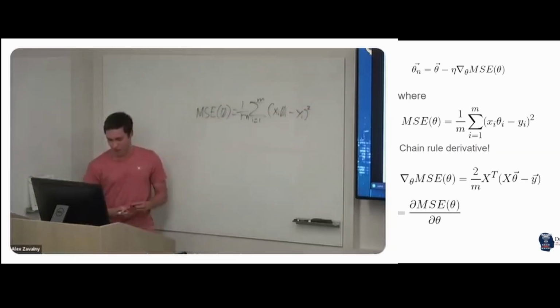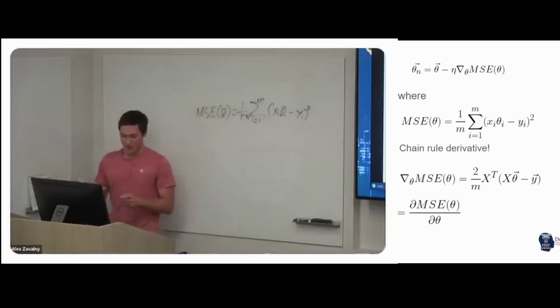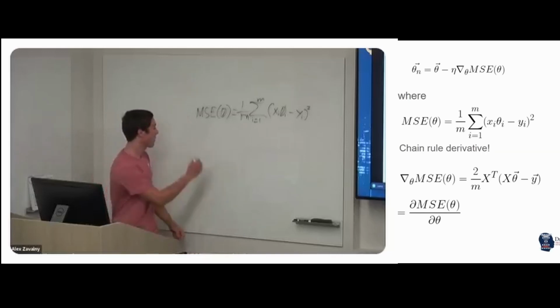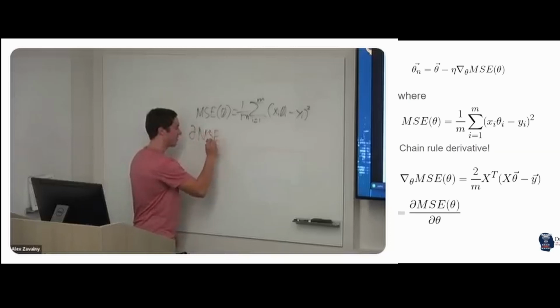So how do we find the gradient? The gradient is a vector of derivatives, but it's really just the derivative. If you remember from calculus, this example uses the chain rule. Say I want to take the derivative of the mean squared error with respect to the parameter.